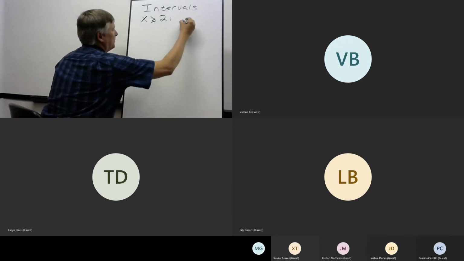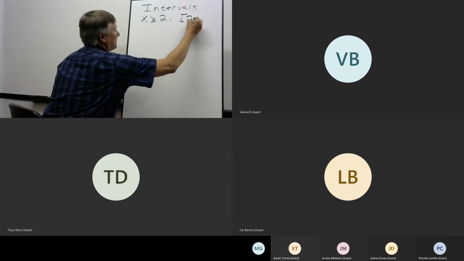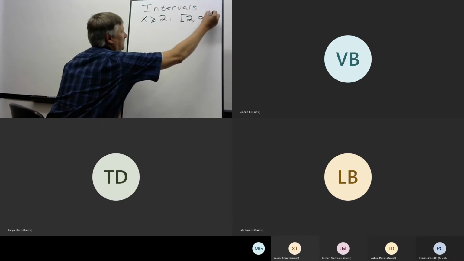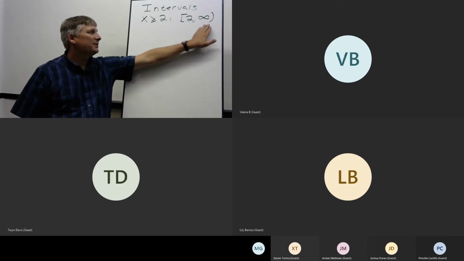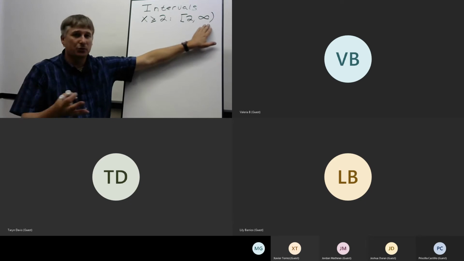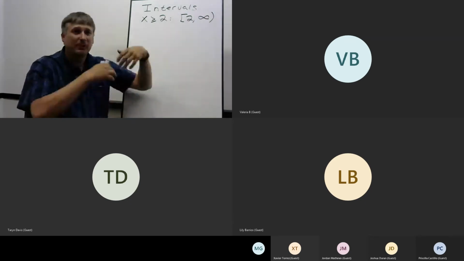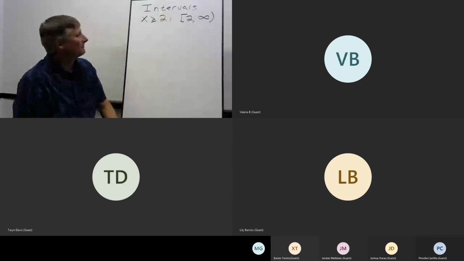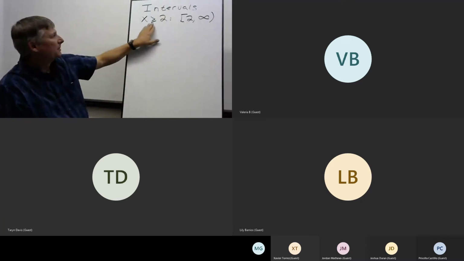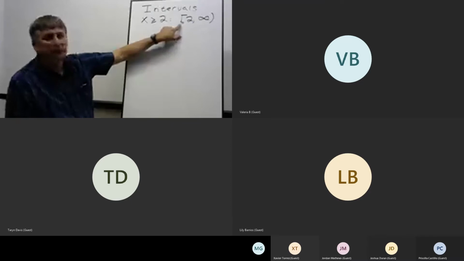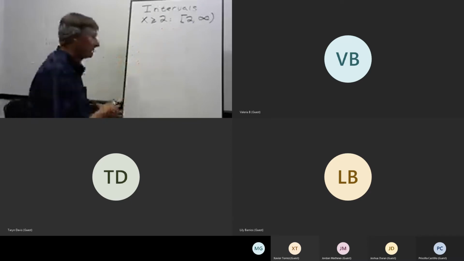Well, we write this like so. Now again, infinity's beyond our reach, so we don't even try to hang on to it. That's just a dragon we let fly off into the sunset. But we do get to include 2 in this case. And we use a square bracket to include.